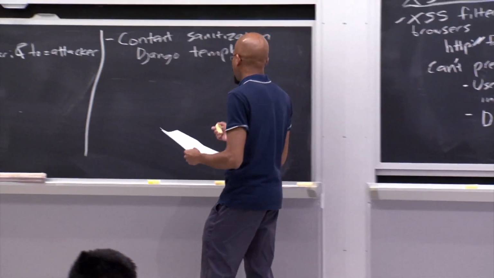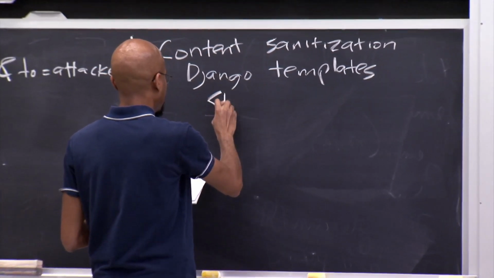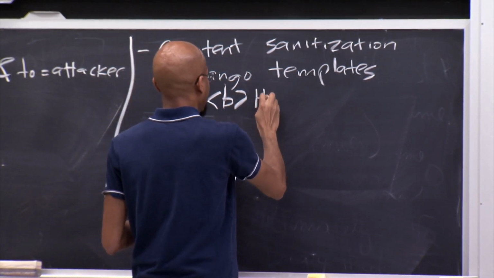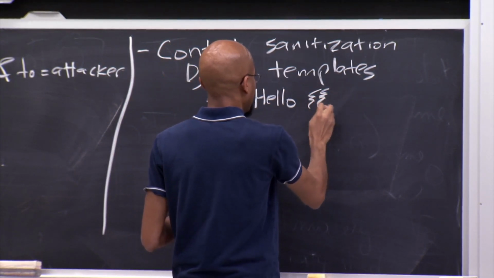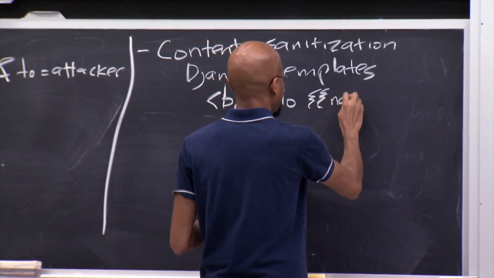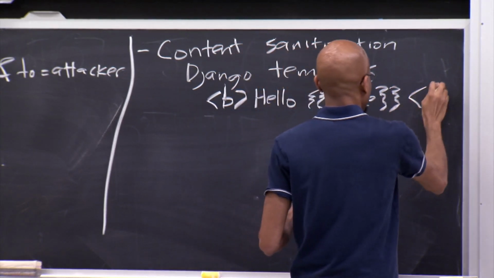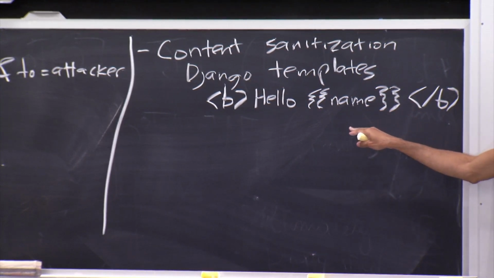So for example, in Django, you can look at a template, and it might look something like this. You have a bold tag. It says hello, and then you have these double braces, and it says name. Essentially, this is a placeholder variable, right?